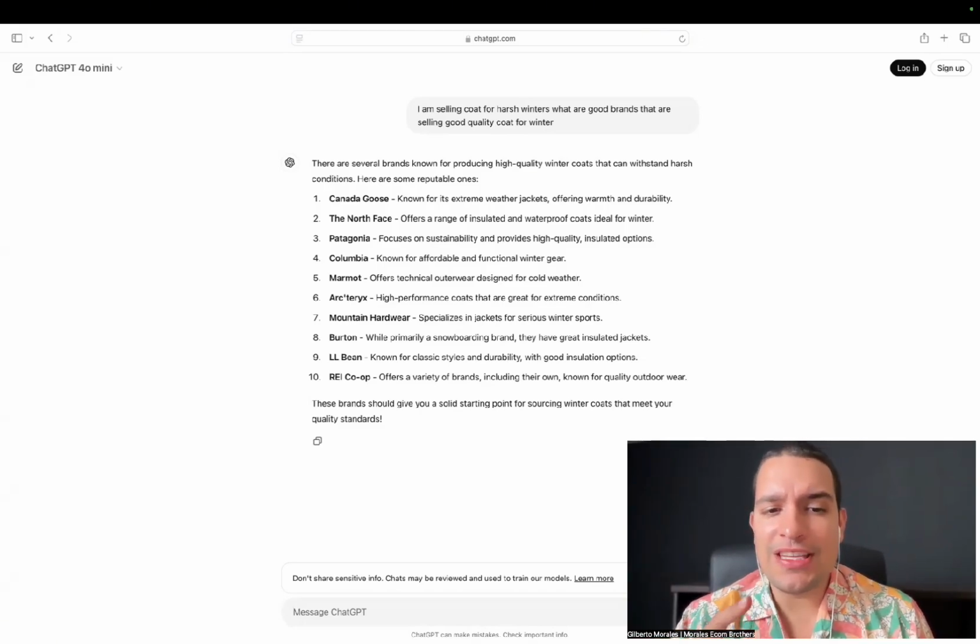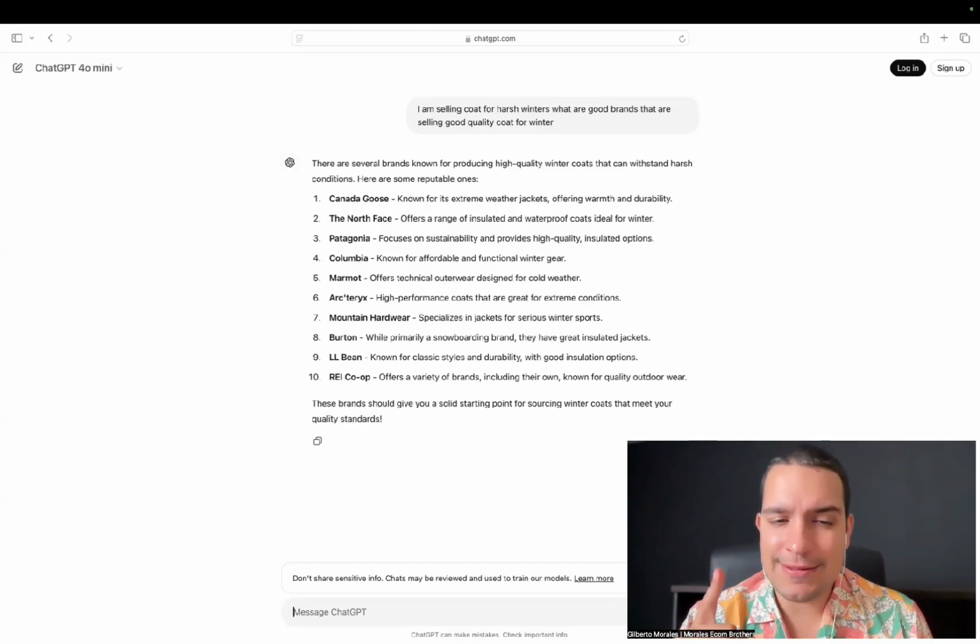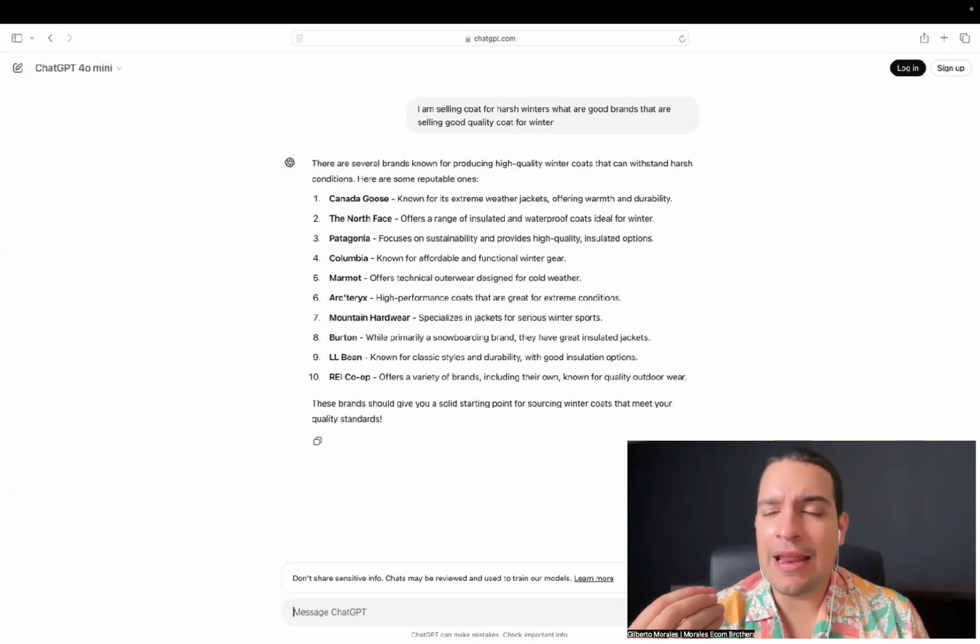What you want to do is open a window with each one of those interests, and look at which one of those stores represents your products best. And what happened with me is that I found out that the product was representative of the North Face. So I selected the North Face.